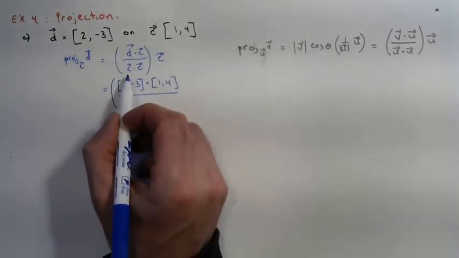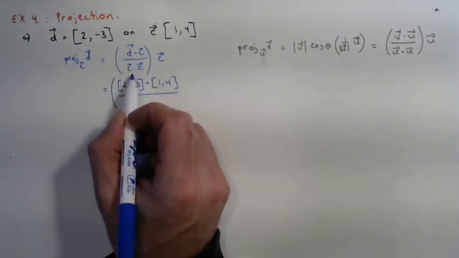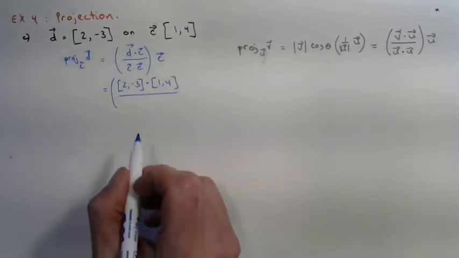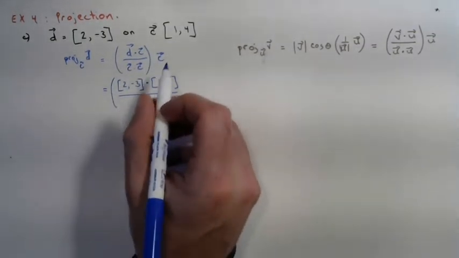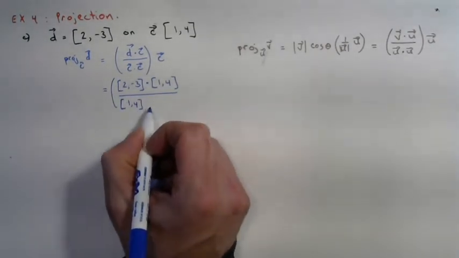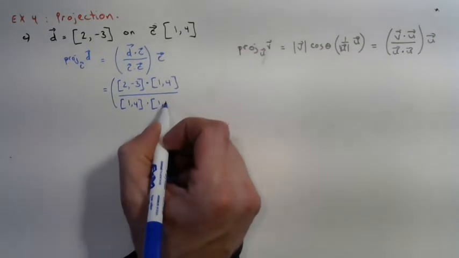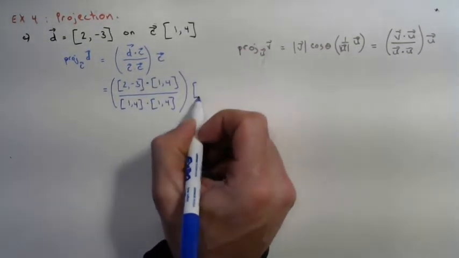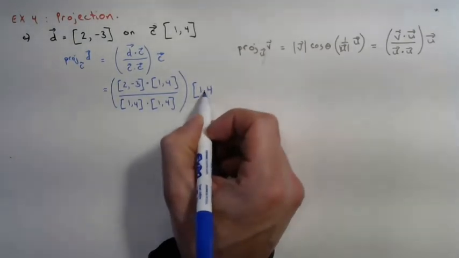And the denominator, remember the dot product of a vector and itself is simply the magnitude of that vector squared. But here we're going to do it step by step. So we've got 1, 4, dot 1, 4, and then out here we still have the vector C, which is 1, 4.